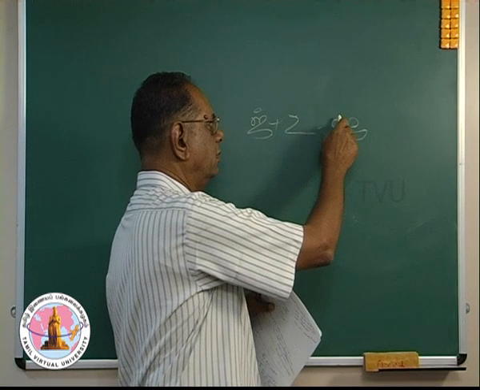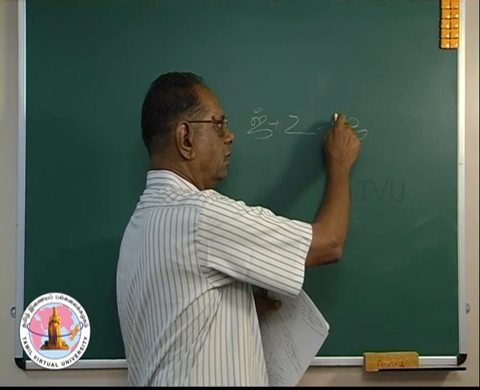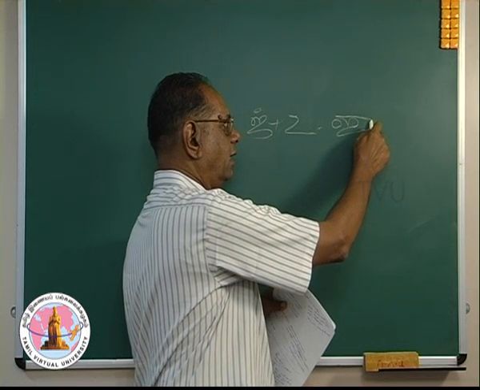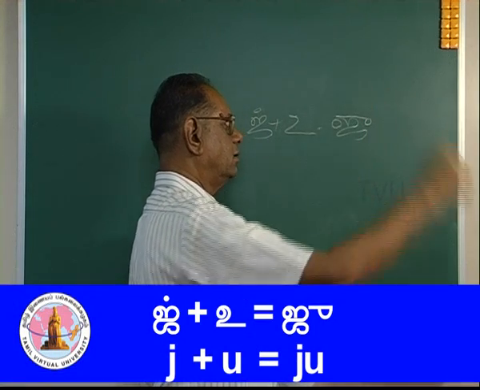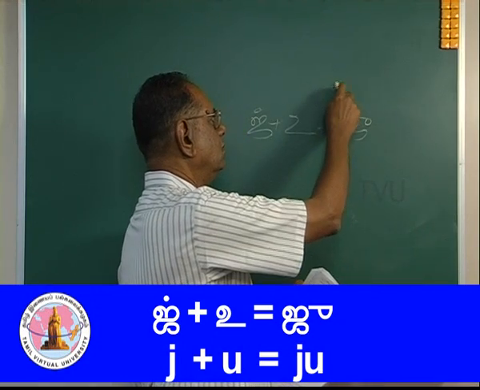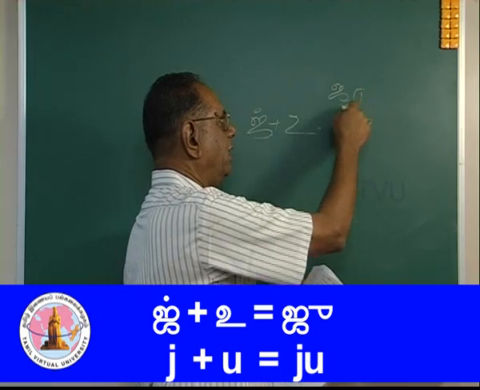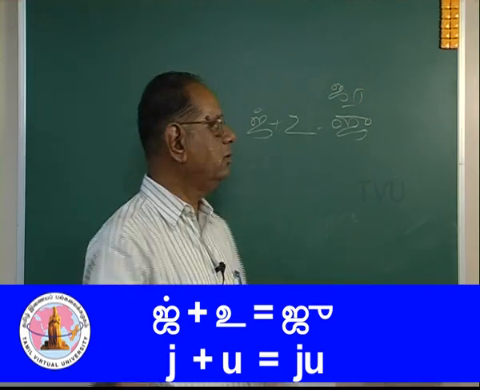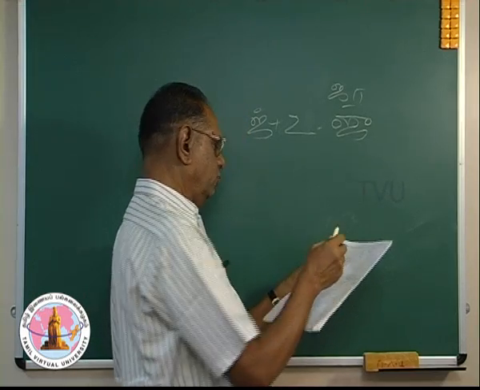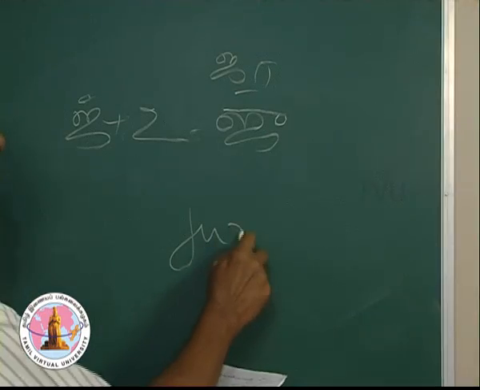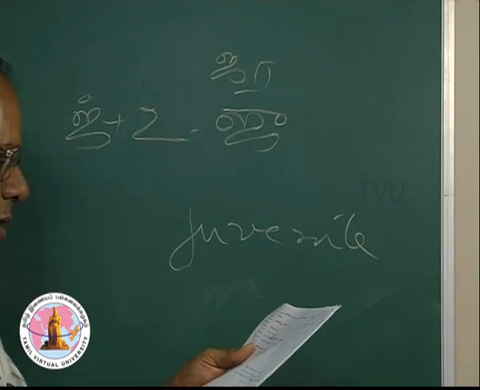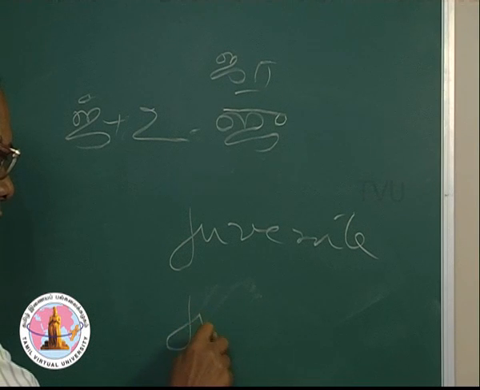So, they took up the position here above the letter, extended a line and then circled it. You can't read it as ja, because ja has a separate marker for a. So, this is ju as you have in juvenile or judiciary.